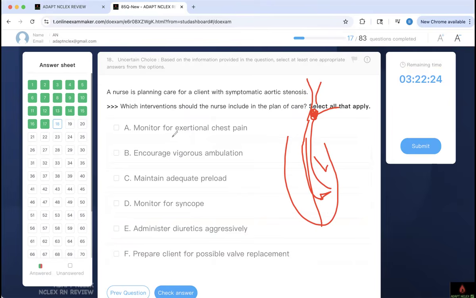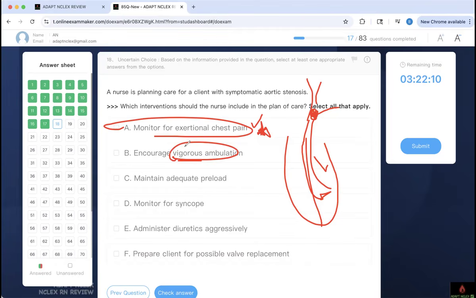If you exert yourself, you're going to have exertional chest pain because less blood is going out. That's number one. Vigorous ambulation is exertional and will cause pain, therefore you should not do that. Maintain adequate preload. That means we should have enough blood here so that when we push, enough can come out. That's good.